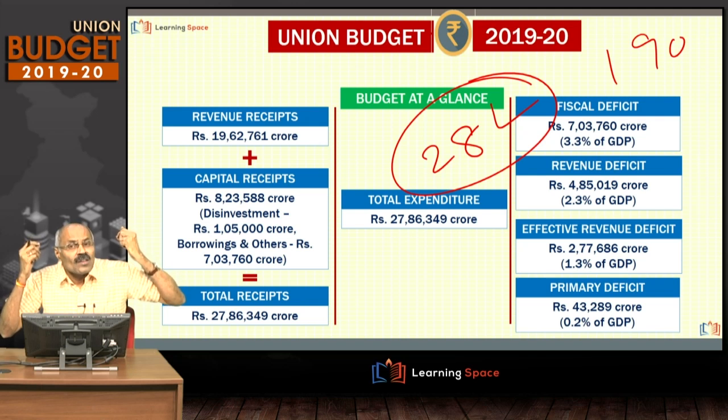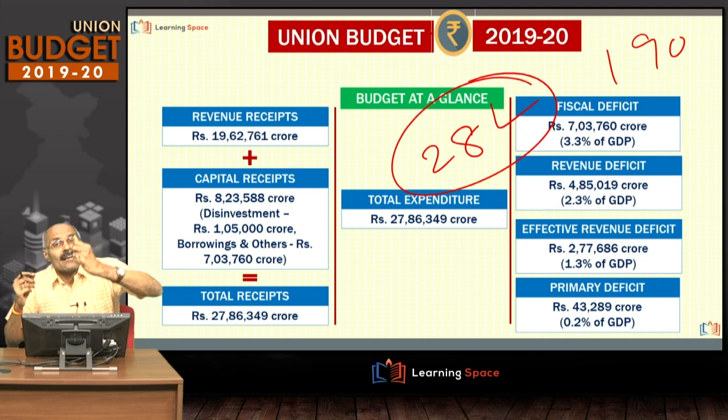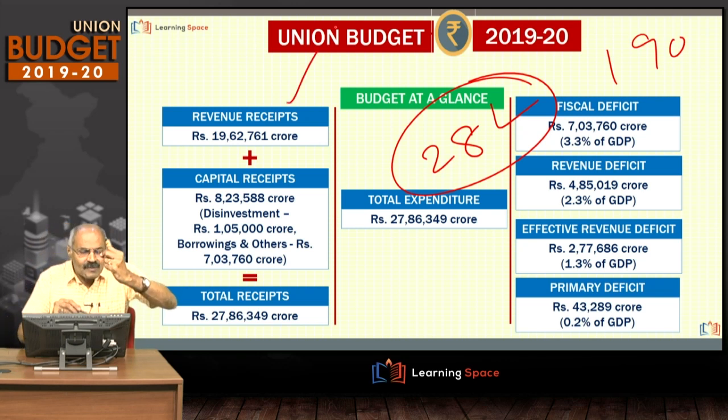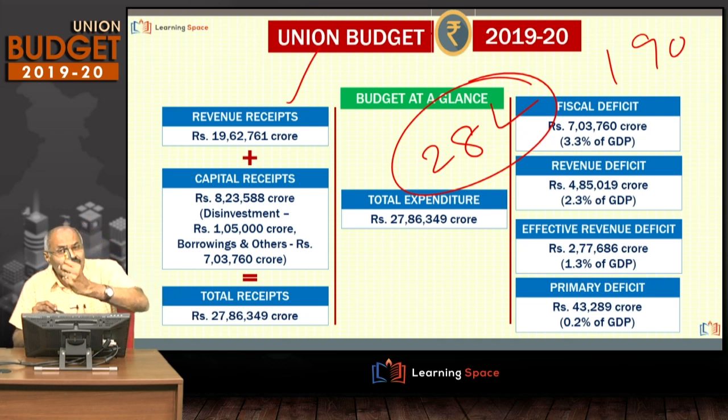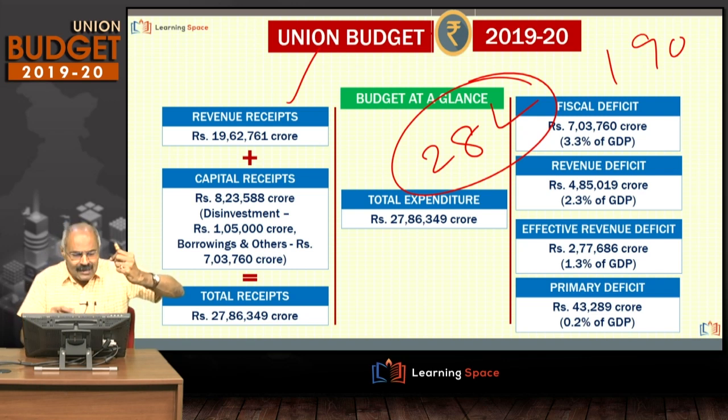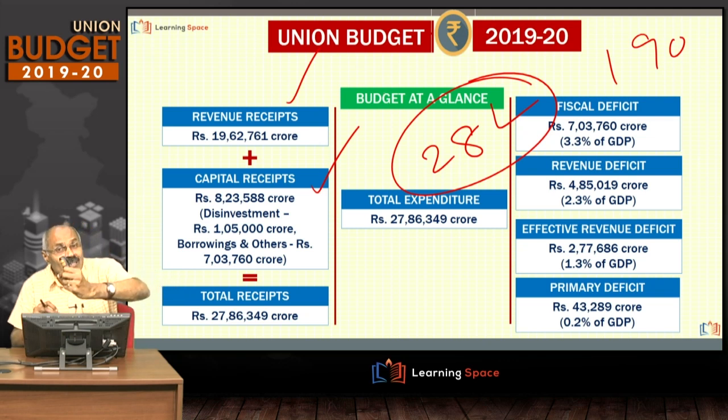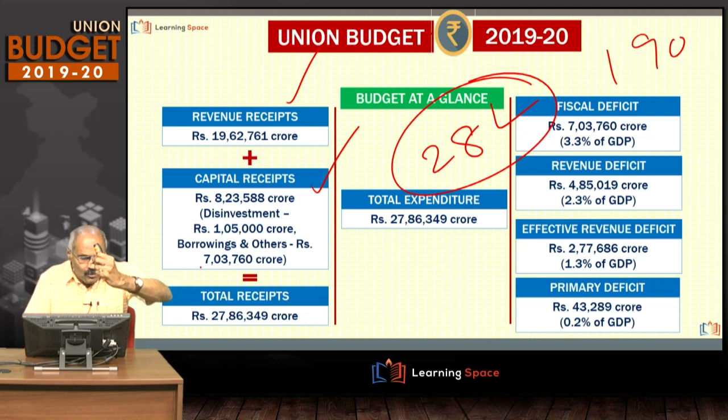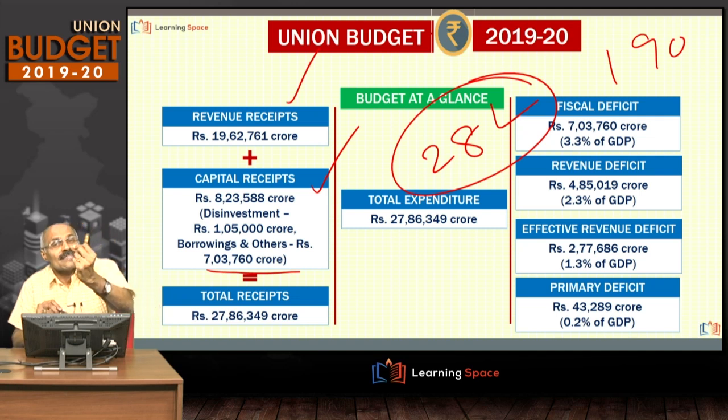Total expenditure or total receipts are around 28 lakh crores of rupees, right? Out of which revenue receipts are around 20 lakh crores of rupees. Capital receipts are around 8 lakh crores of rupees. Out of which borrowings and other liabilities are 7 lakh crores of rupees.